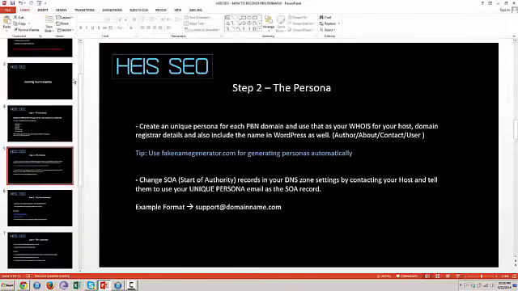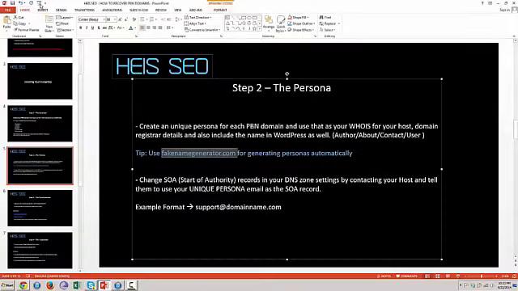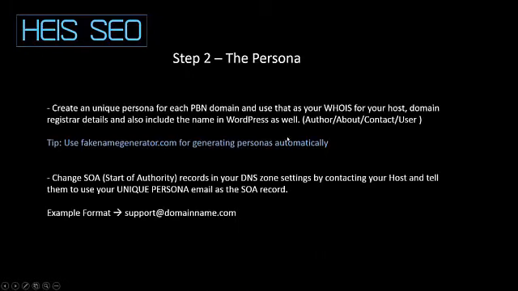Let's go back to the slide here. So when we talk about the persona, we talk about creating everything unique for each domain. That's clear. What you also want to do is change the start of authority records in your DNS zones. You can do this by just contacting your host and telling them to use your unique persona email as the SOA record.